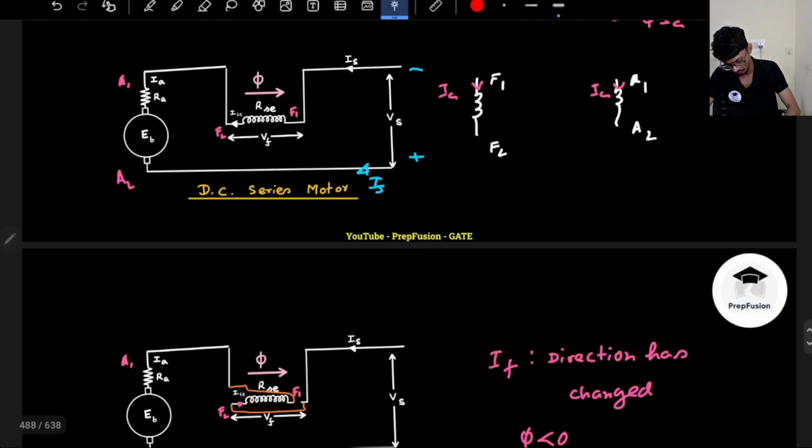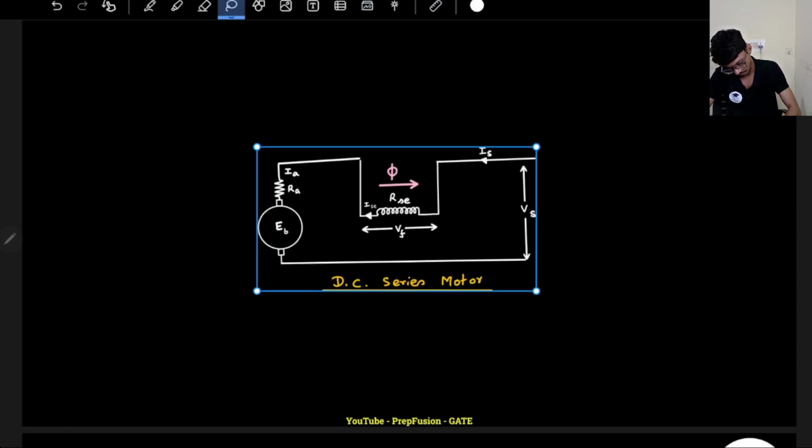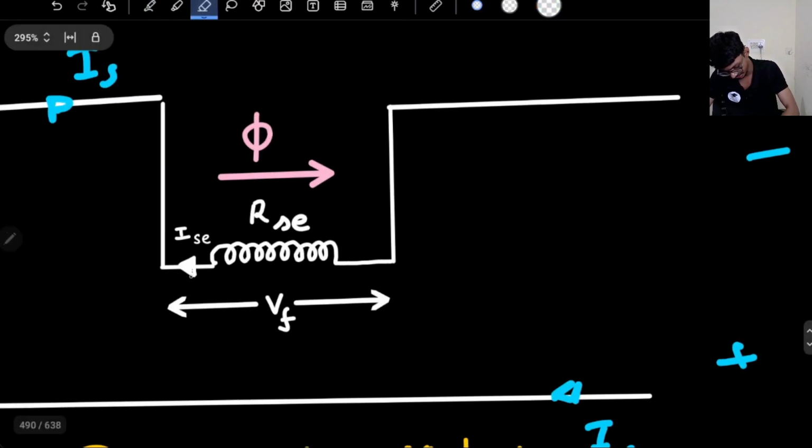I will explain what I mean by it. Now, instead of this, IS will go from the bottom, because this is plus, now this is minus. So IS will go here, it will come here. But the twist is, I have changed this direction, right?